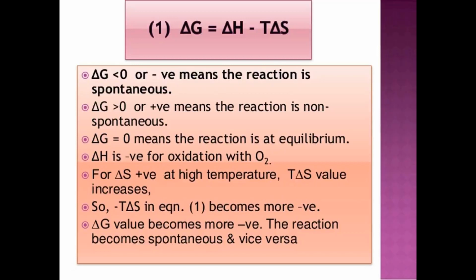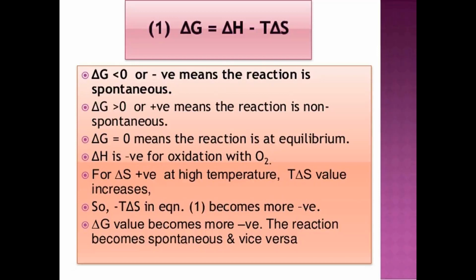Del H is negative for oxidation with O2. Del S is positive, and at high temperature the T del S value increases. So minus T del S in equation 1 becomes more negative.